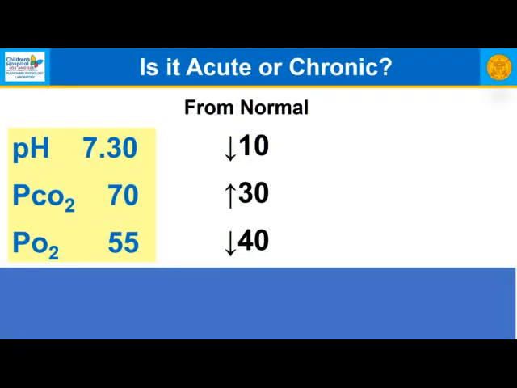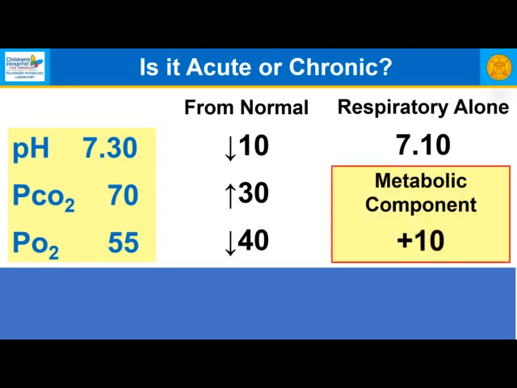Okay, here the pH is down 10 hundredths of a unit. PCO2, however, is up 30. For a PCO2 of 70, because it's up 30, you would expect a pH that's down 30 hundredths of a pH unit, or 7.1. The pH is actually 7.3, so there is a metabolic component. The difference here is 20 hundredths of a pH unit. Half of that is the metabolic component, so that's a positive metabolic component of 10.